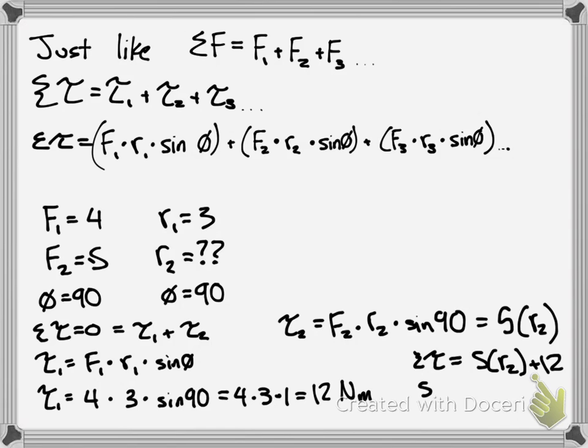And now, since the net torque is torque 1 plus torque 2, you substitute 12 for torque 1, and for torque 2, you substitute F R2. Then you plug that in, and you end up getting that R2 is 12 over 5 meters.